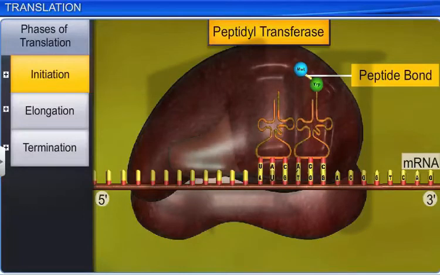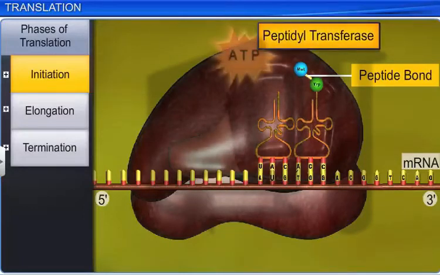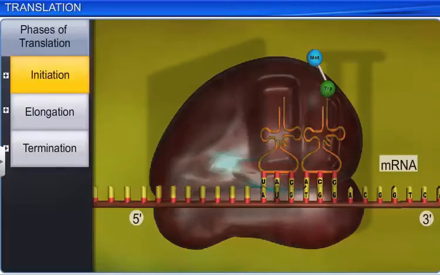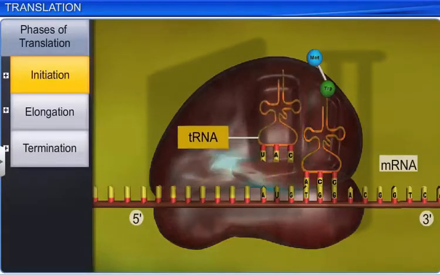The formation of this bond requires energy, which is obtained from ATP. Simultaneously, the first tRNA gets removed, leaving the amino acid.